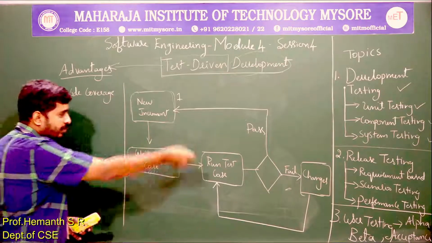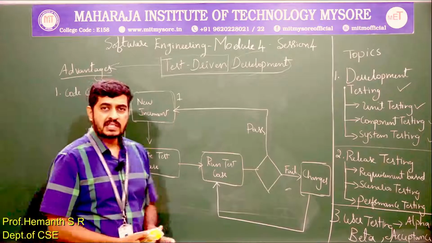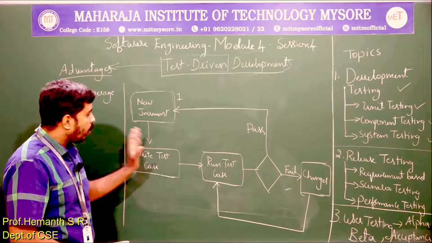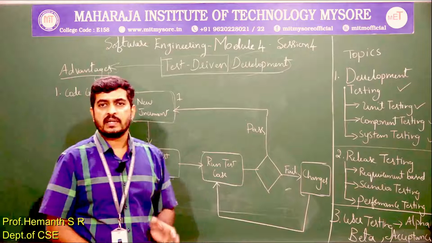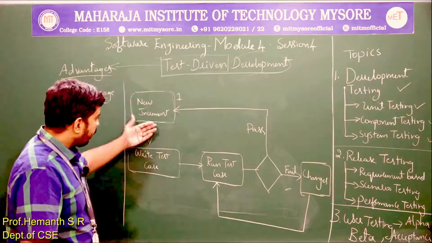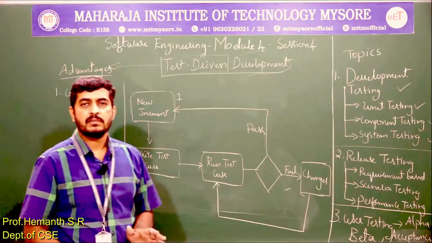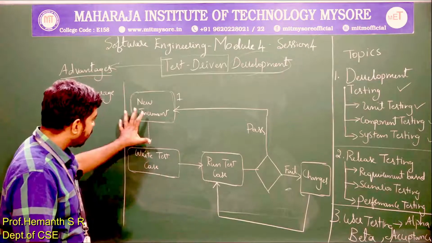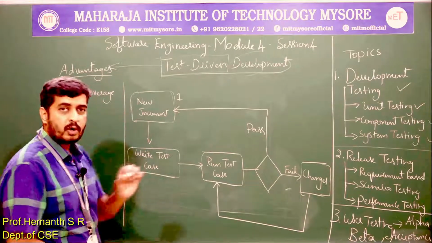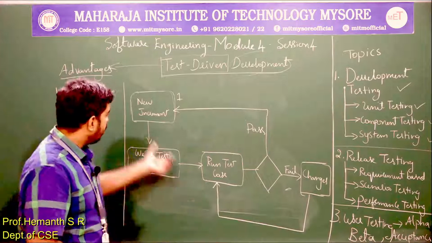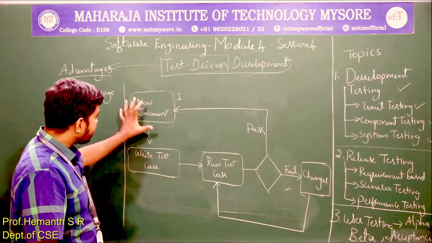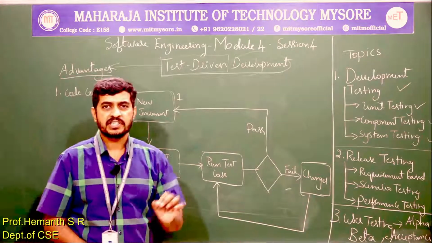So we can easily determine through this graphical illustration that the code will be covered in an exhaustive manner. Okay, a major part of the code will be covered, because please see, we are focusing at the micro level, meaning that we are taking into consideration each and every increment, small functionality.